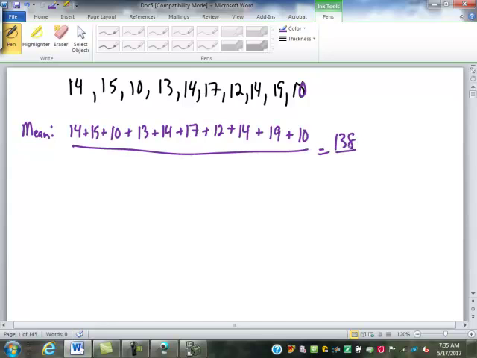You've got to add them all together for the mean. Oh, no, that's a whole set of 10. So we divide by 10, we get a mean of 13.8.